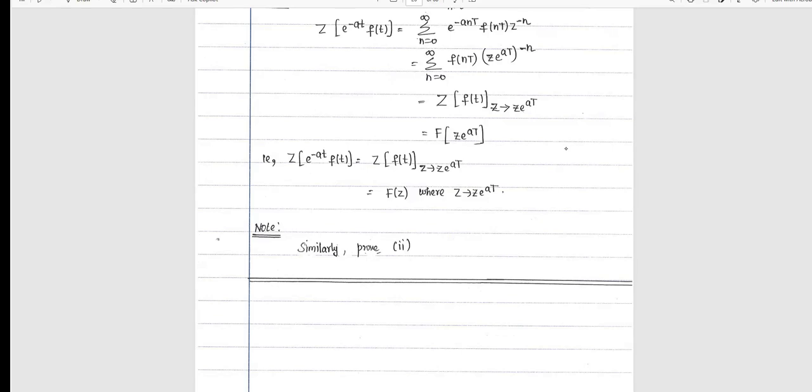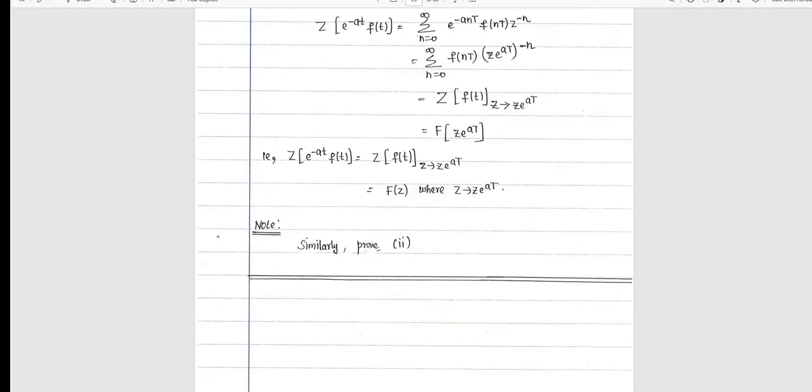Now this line is clear to you? The top line? Yes. Because we have negative power of both, e to the power minus a n T and also z to the power minus n, we can take them together: z into e to the power a T, and whole power minus n.